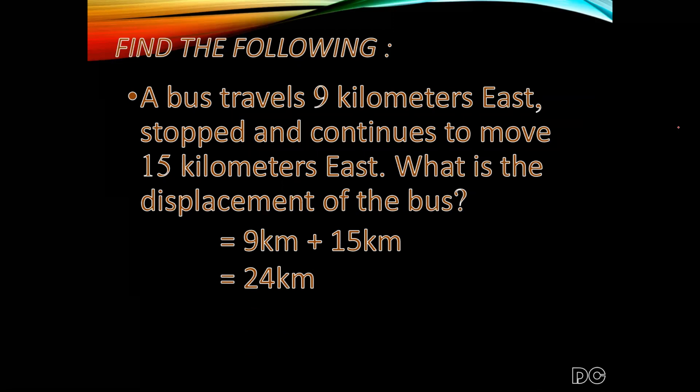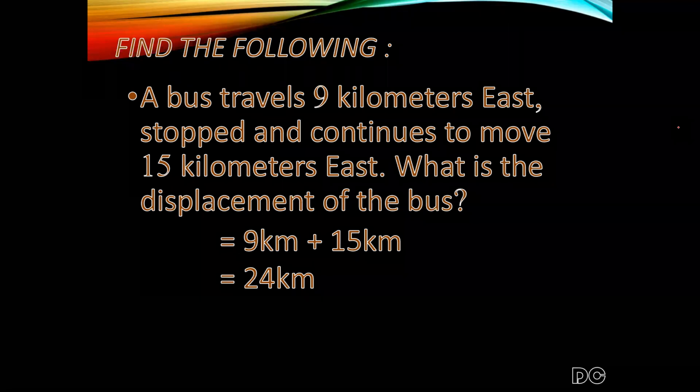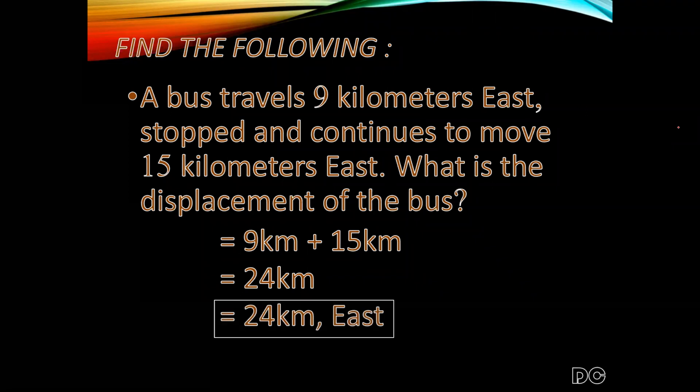And since the direction is going to the east, we will follow the direction, and the displacement of the bus is now equal to 24 kilometers to the east. So just add their magnitude and then follow their direction. That is if they are in the same direction.